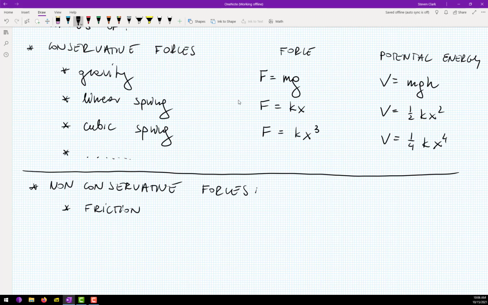Kinetic friction, and our Ff is equal to mu k N. Then you just have to integrate that expression along the distance. So usually the U12 non-conservative of Ff will be mu k N times some distance, of course with a minus, negative, times some distance.